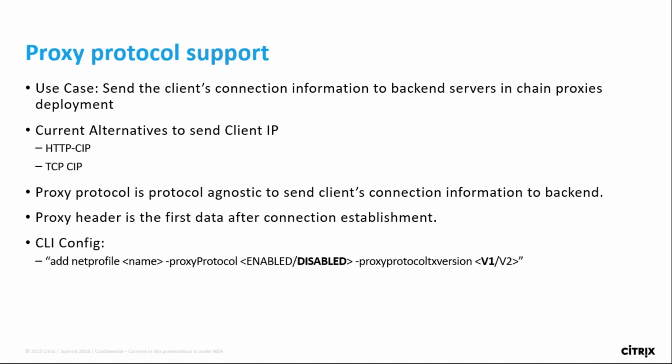Hence, proxy protocol comes in the picture, which allows you to send the original client IP information to the backend server, which can be used for logging or for security purposes.